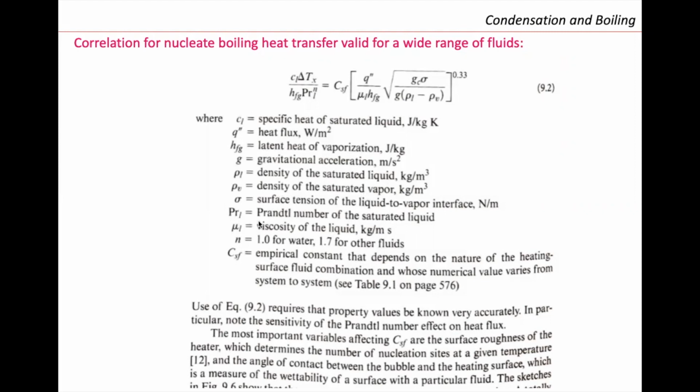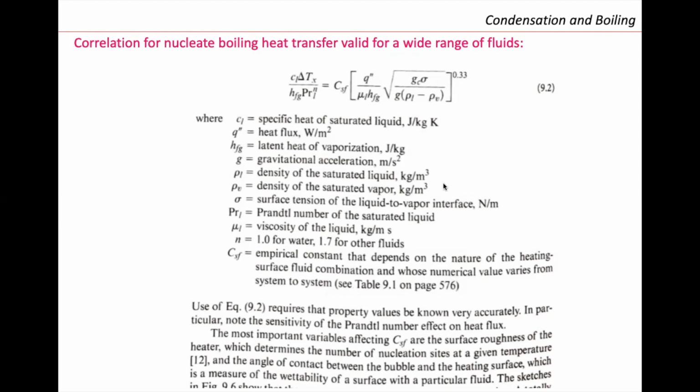Prandtl L is the Prandtl number of the saturated liquid, and mu L is the viscosity of the liquid. N equals 1 for water and 1.7 for other fluids. CSF is an empirical constant that depends on the nature of the heating surface and fluid combination, and whose numerical value varies from system to system. To get this empirical constant, you need to go to table 9.1 on page 576.